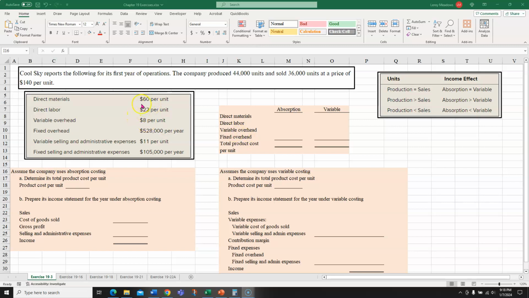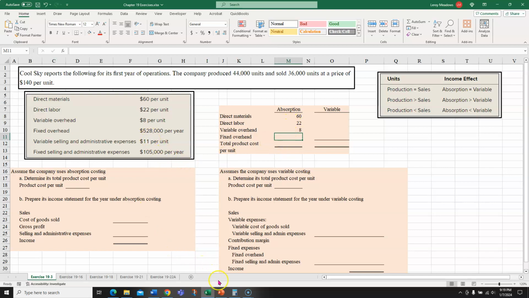So let's take a look here. Our direct materials cost is going to be $60. Direct labor, $22 per unit. Variable overhead, $8 per unit. And then I'm going to have fixed overhead. Now I need to determine what my fixed overhead cost per unit is in order to get a total product cost per unit.